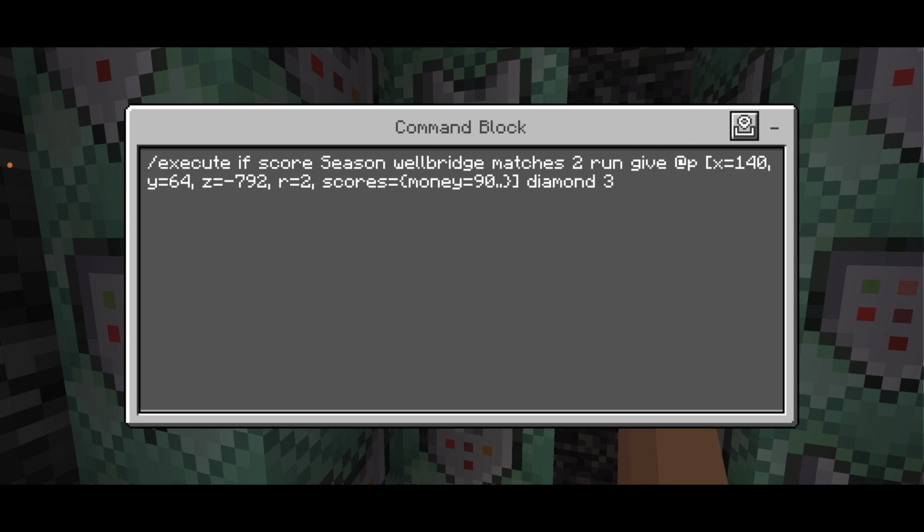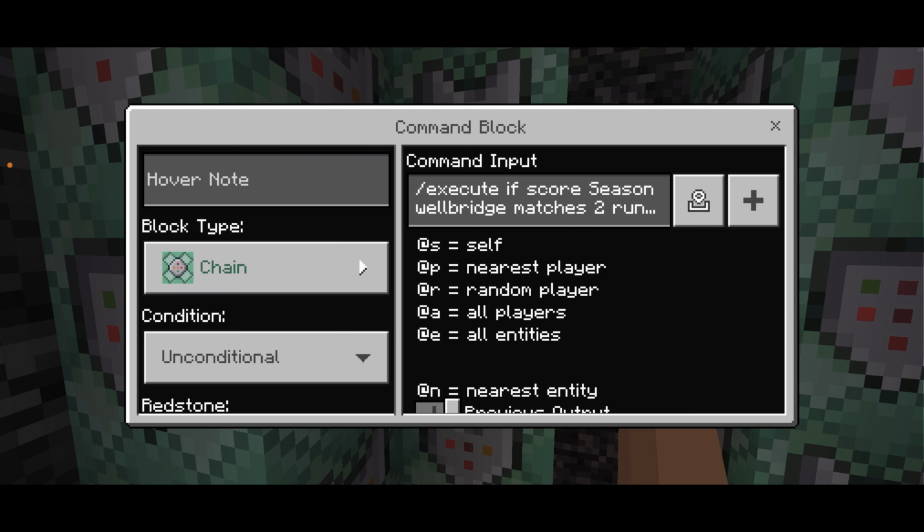This is more expensive in season 2 to buy diamonds. All right, execute if score season Wellbridge matches 2, run give at P the coordinates R equals 2, scores equals money equals 90, diamond 3. Okay.